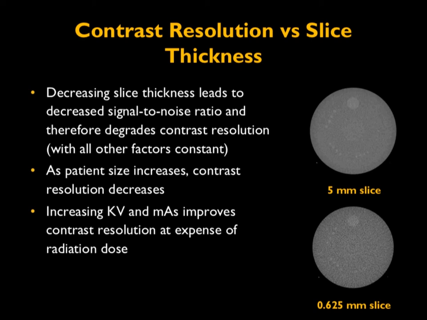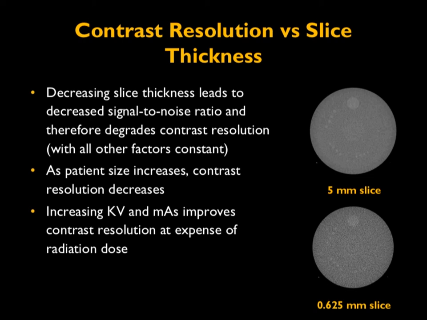The 0.625 mm slice uses fewer X-ray photons for creating the image, so noise is greater, therefore it diminishes the contrast resolution. However, when multiple of these slices are reconstructed to 5 mm slice thickness, more X-ray photons contribute to the image. Therefore, the contrast resolution improves.